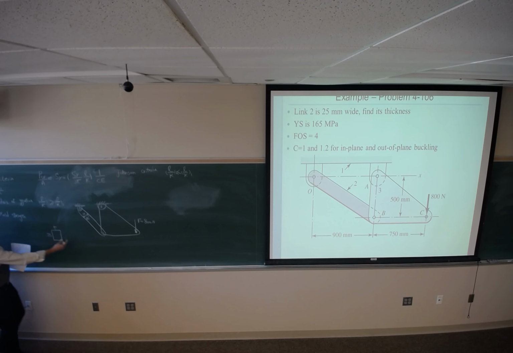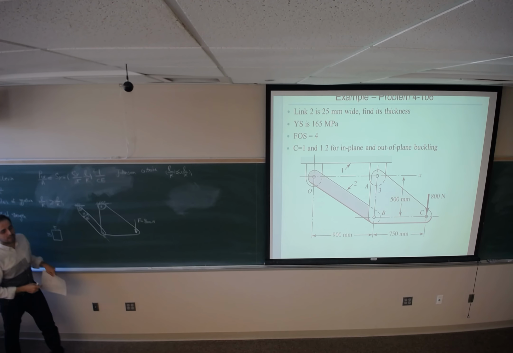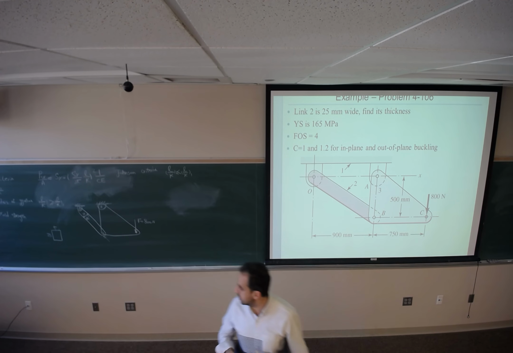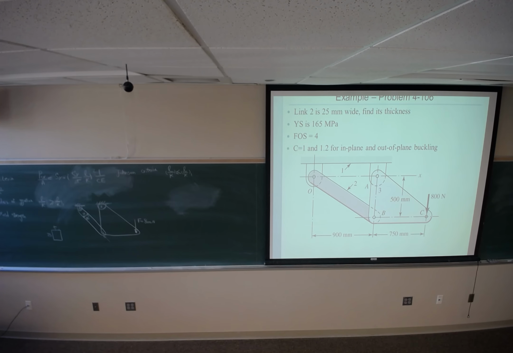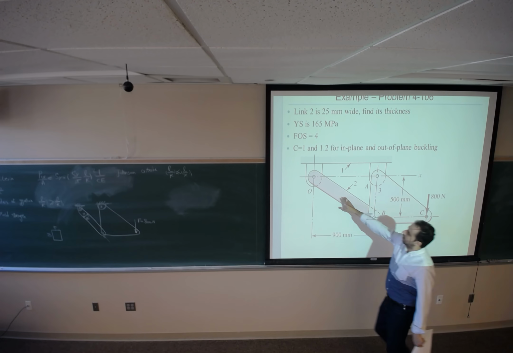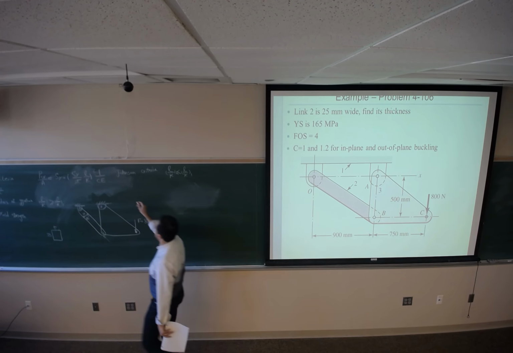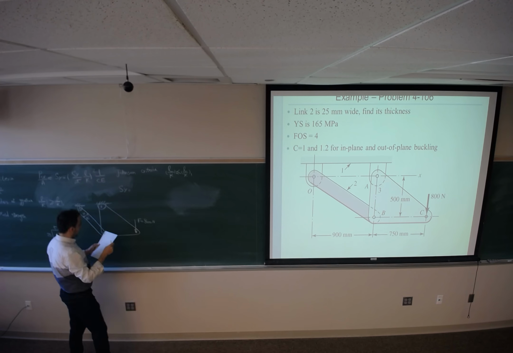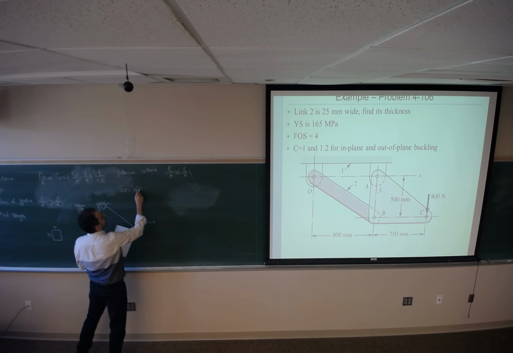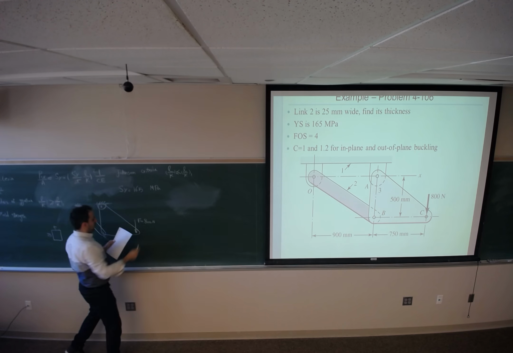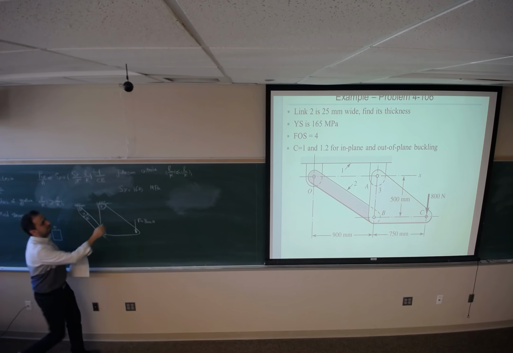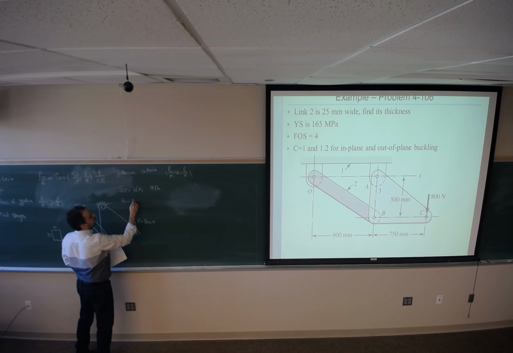If I look from this view, I will see 25 millimeter and this thickness. So we are going to design the thickness of bar OB. It's made of a material with SY equal to 165 megapascal, and the modulus of elasticity 207 gigapascal.